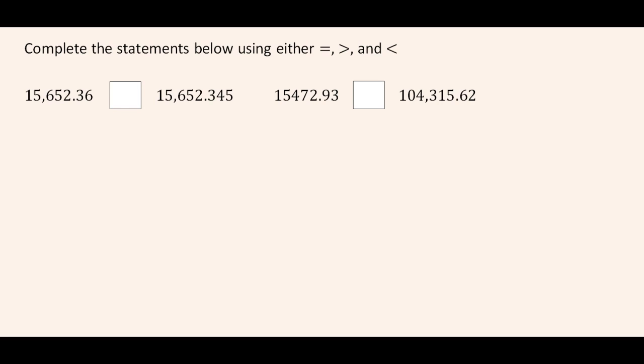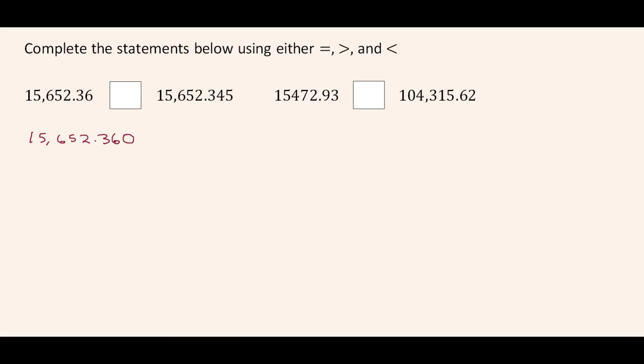Now we have 15,652, so 5 digits before the decimal. We have 5 digits before the decimal here. We have 2 digits after the decimal in this case, and 3 digits after the decimal on the right hand side. So we're going to rewrite the number on the left hand side. It's going to look like this: 15,652.36, and then we append a 0.